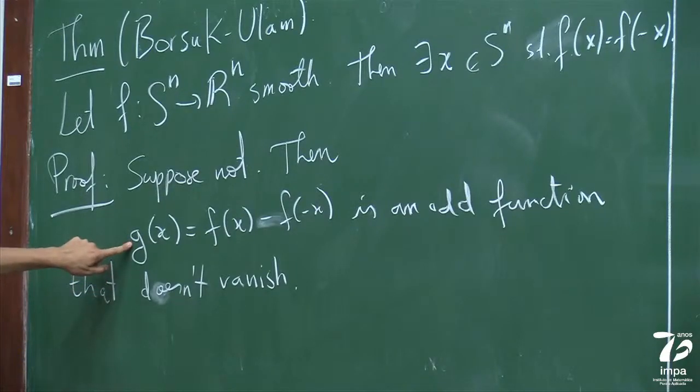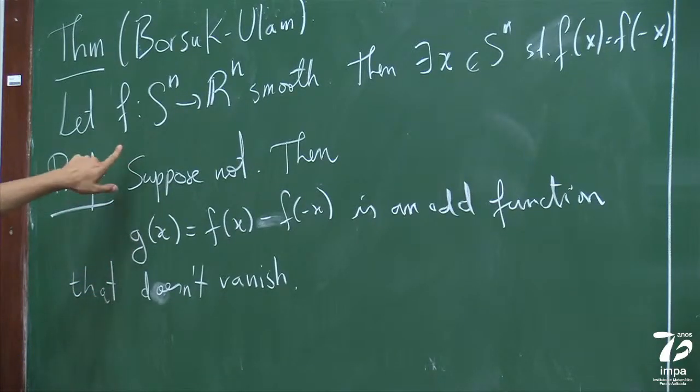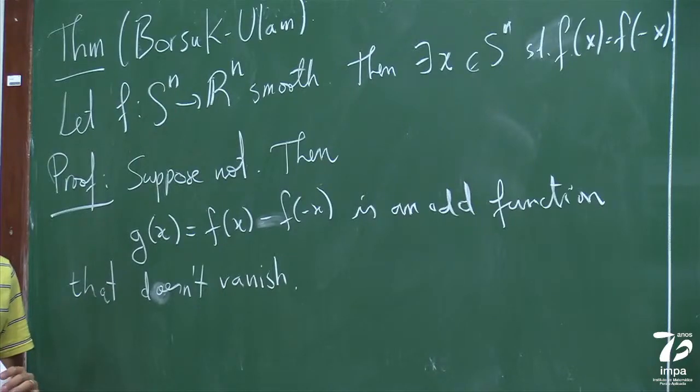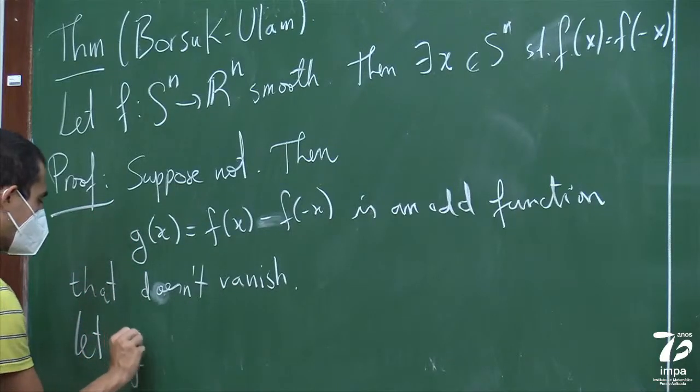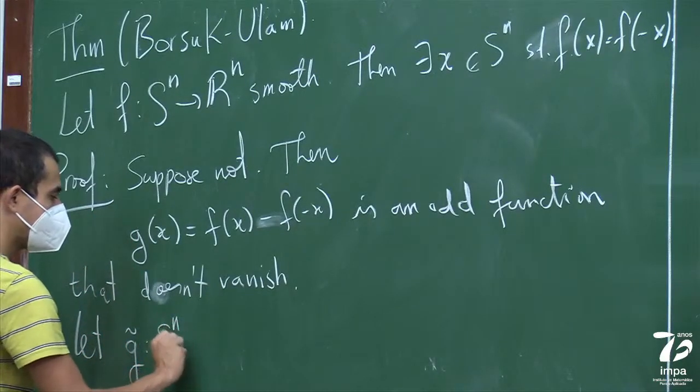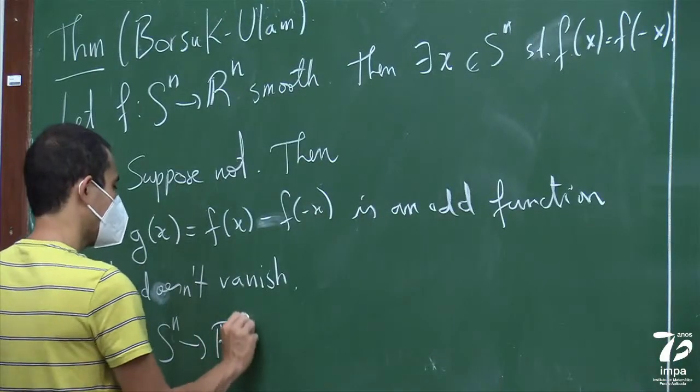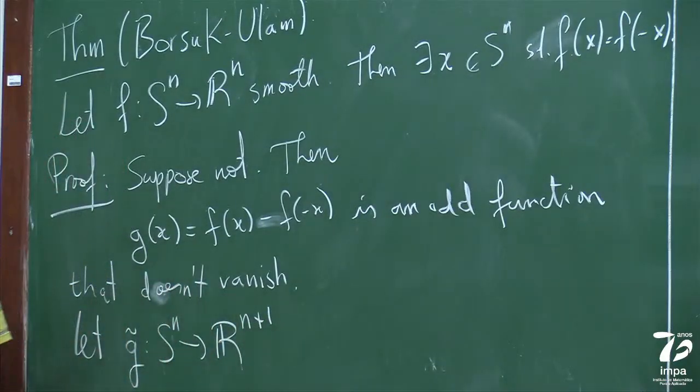And first, we actually are going to extend this g to a function that takes values in Rn plus 1. So, to prove that this is not possible, we're going to define another function that I'll call g tilde that goes from Sn to Rn plus 1. And we're going to talk about winding number with respect to the origin, or the degree of this divided by its norm.